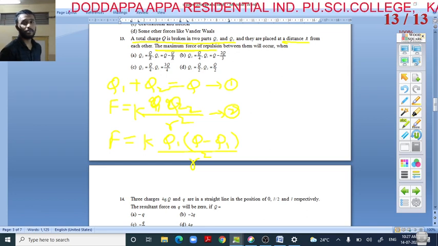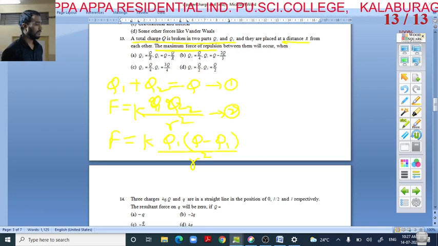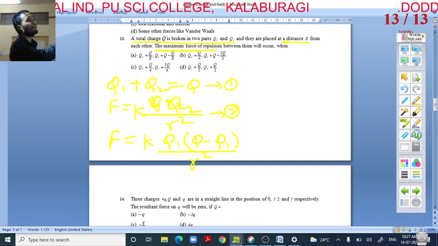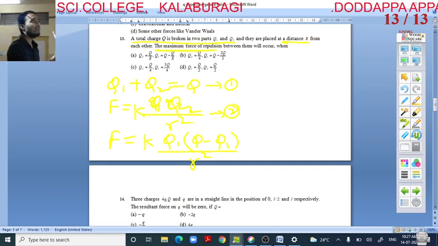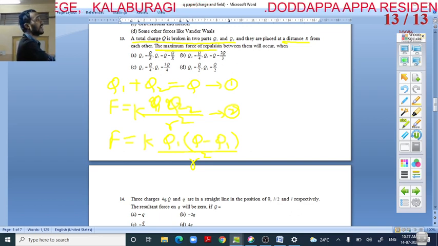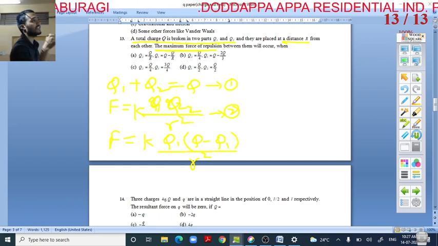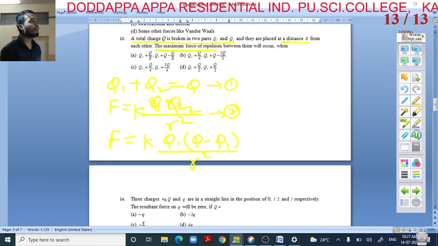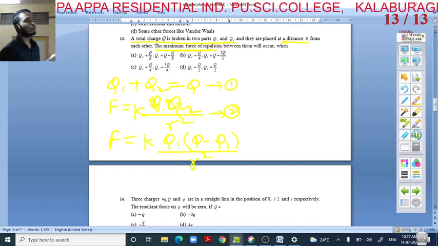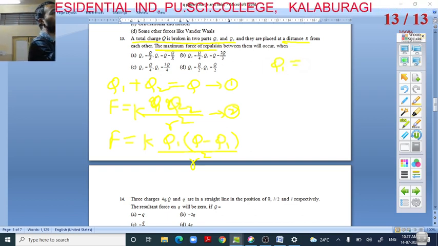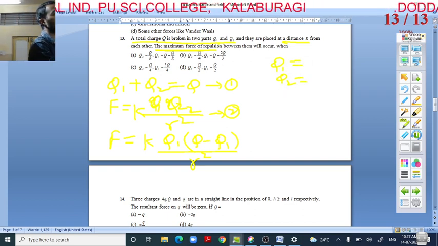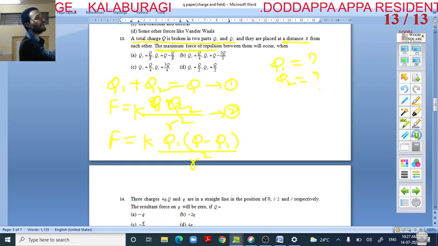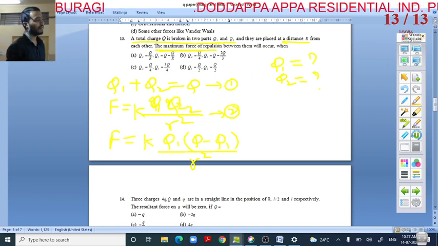This is F. I want to know when the maximum force of repulsion between them will occur: whether the charge is Q by 4, Q by 2, or 3Q by 4. What should be the values of Q1 and Q2 so that we get maximum force? That is the question.